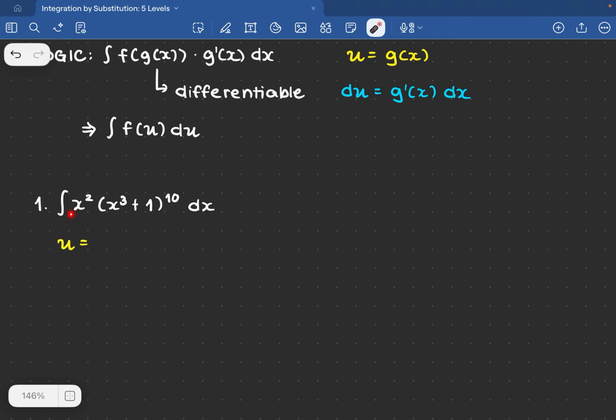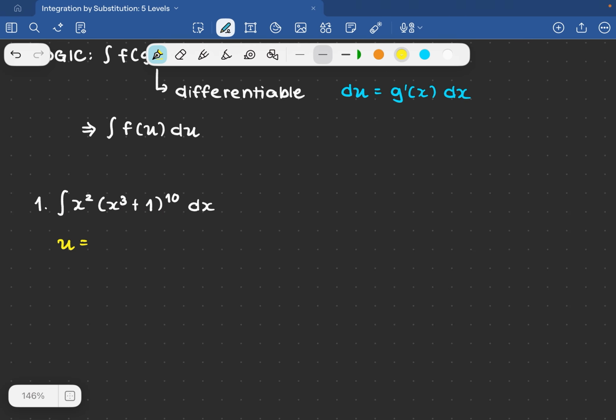Observe that if we choose u to be x squared, then its derivative will be 2x. But 2x is nowhere to be found here, so that won't really work, and that won't cancel this out. What we can choose instead is x cubed plus 1, because notice that if we take its derivative, x squared will appear. So let's do that one.